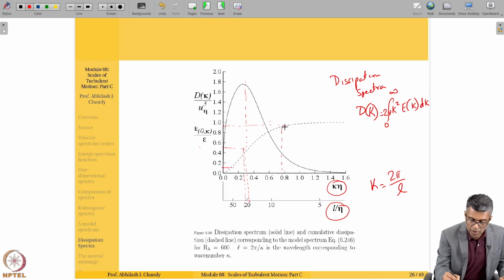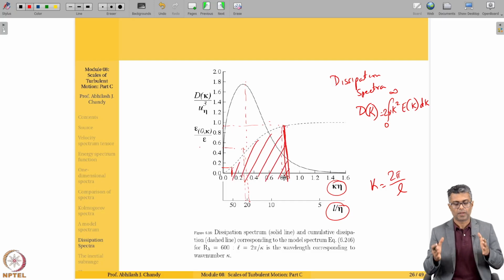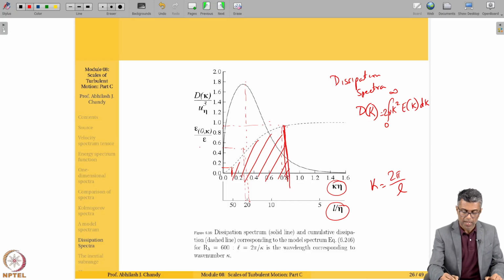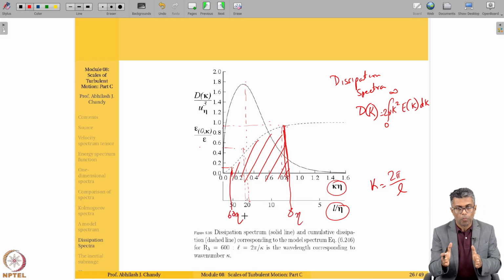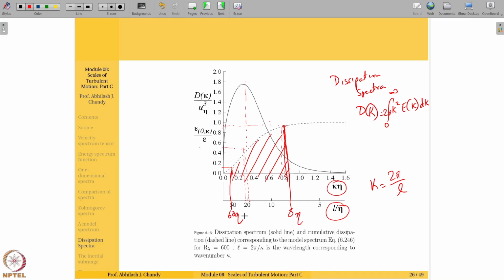Essentially, this is the range that we are interested in, right? 8 to 60 eta, 8 eta and 60 eta. That is where most of the dissipation is contained. That's what we are saying.